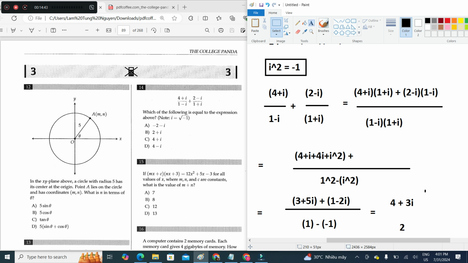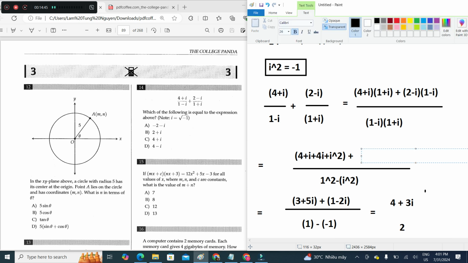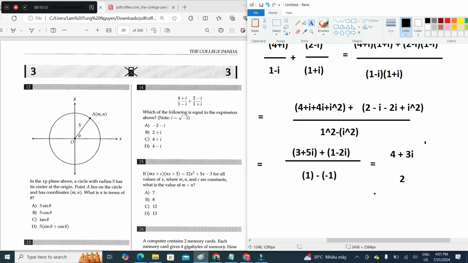So let's calculate this again. 2 times 1 is 2. Minus I times 1 is minus I. 2 times minus I is minus 2I, and minus I times minus I is just I squared. So here is minus 3I. Yeah, that's correct.